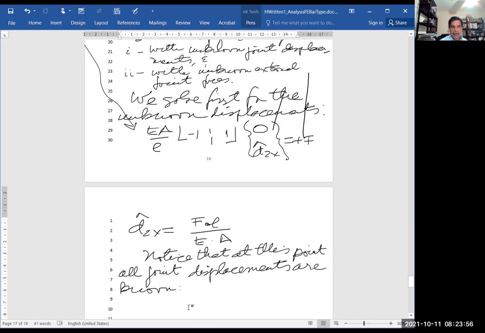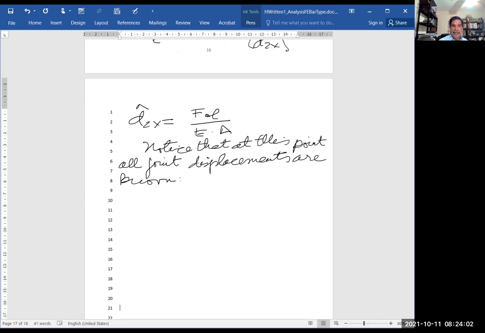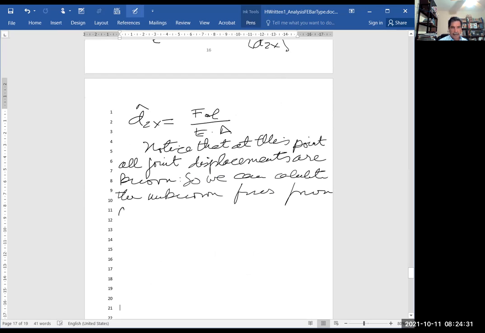So what we have to do now is to proceed to calculate the unknown forces. So we can calculate the unknown forces from the second subsystem.